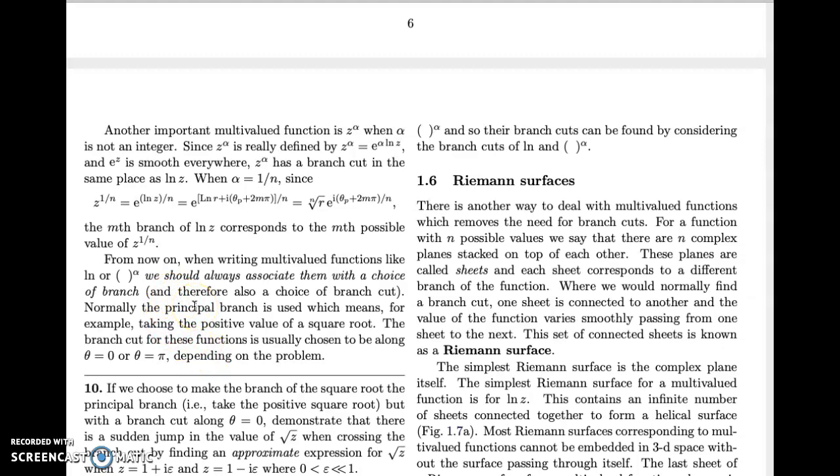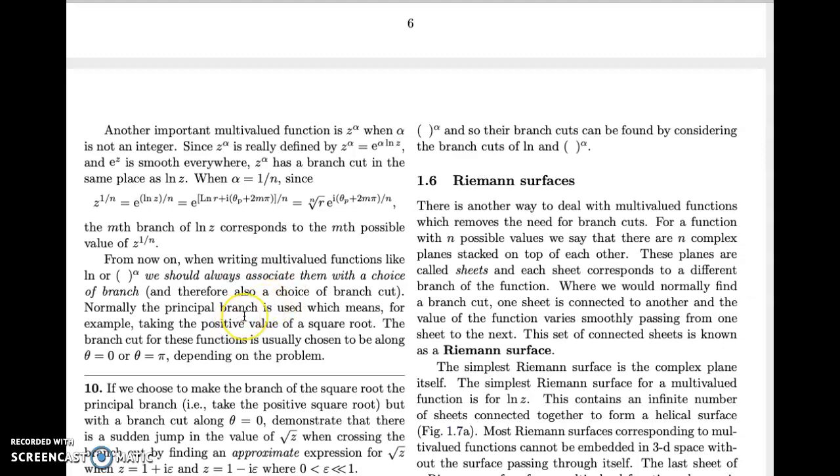So whenever you write a multivalued function like log, or something raised to the alpha where alpha is not an integer, you should always associate those multivalued functions with a choice of branch, and therefore a choice of branch cut.